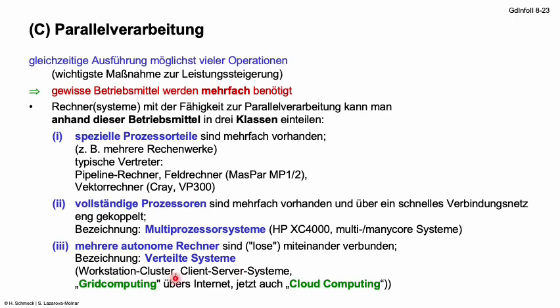So we can have workstation clusters or client-server systems, or we have heard already about grid computing, or now we also talk about cloud computing. These are all different kinds of distributed systems which connect more computers in parallel.